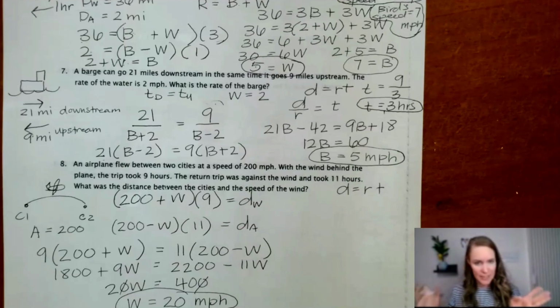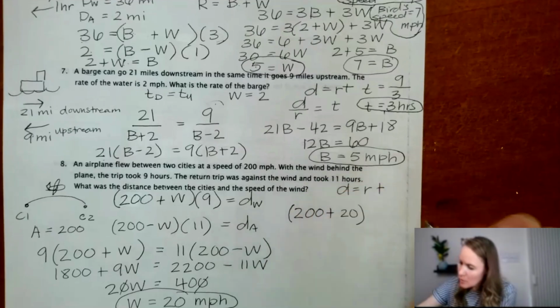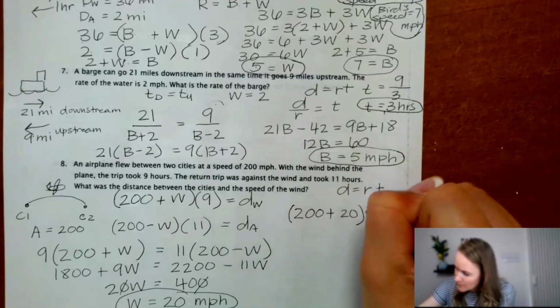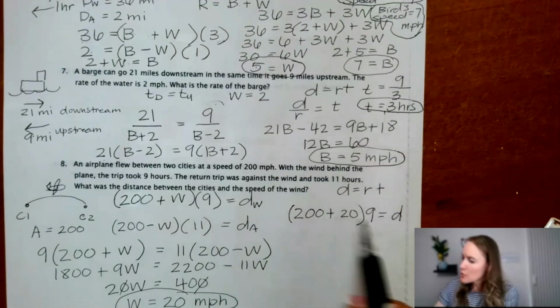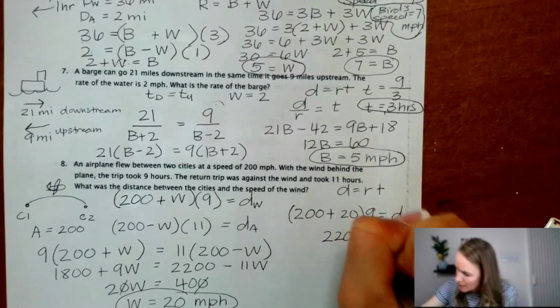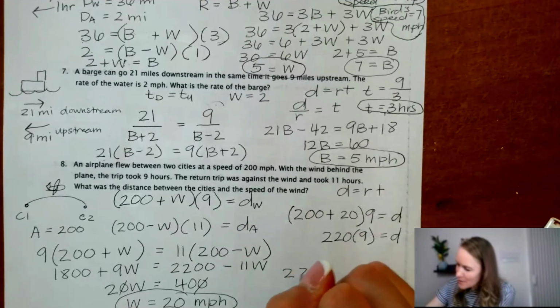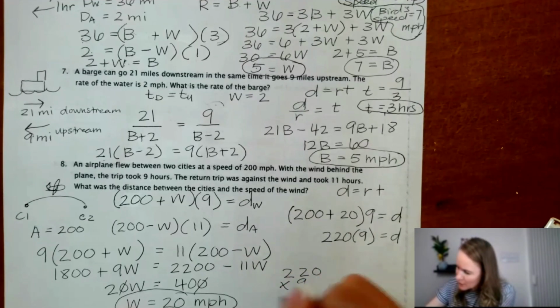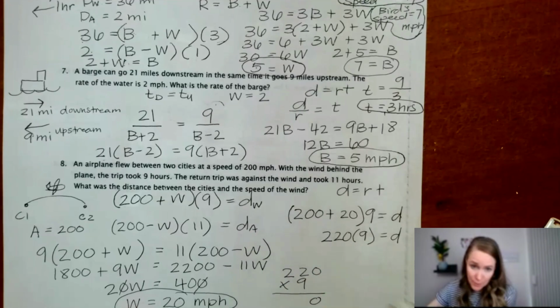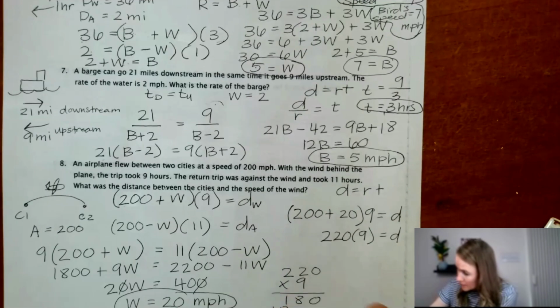Okay, and then what was the distance between the cities? All I have to do is take this and plug it into my equation up here. So I have 200 plus 20 multiplied by 9 equals my distance. So 200 plus 20 is 220 times 9. I'm going to work out some long multiplication down here. 9 times 2 is 18. 9 times 2 is 18.